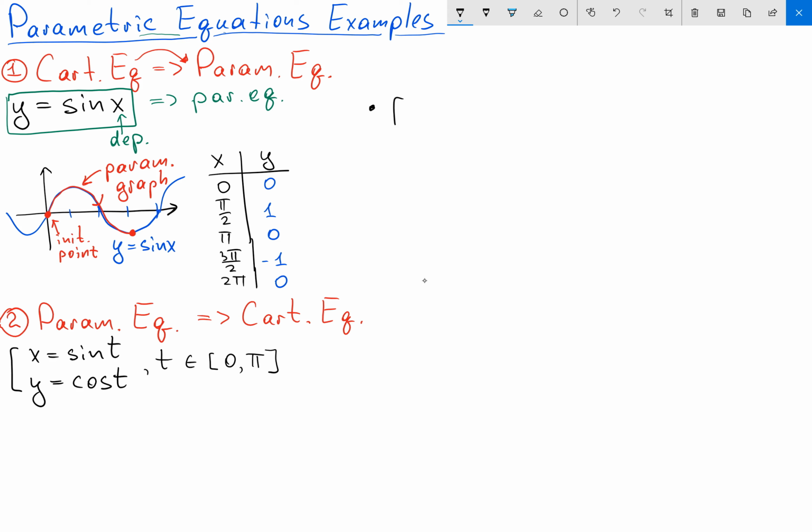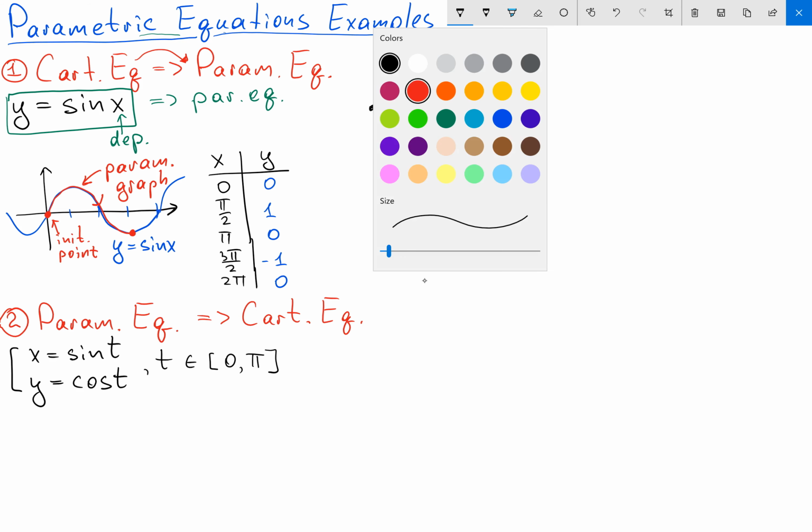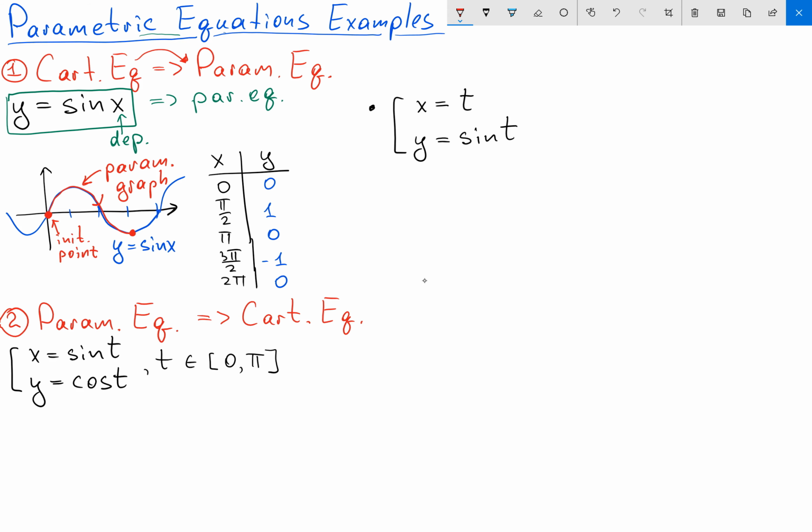So we need to set x to be equal to some function, and the easiest function is x equals t. If x equals t, then y equals sine of t. What we know about this parametric function is that this is going to be our initial point, and this is going to be our terminal point.